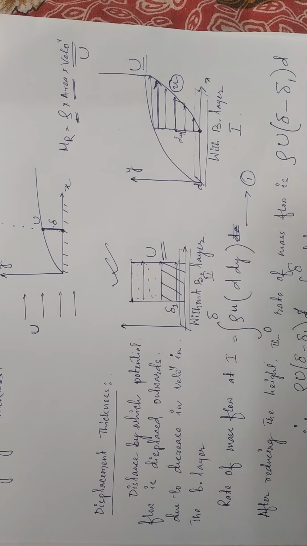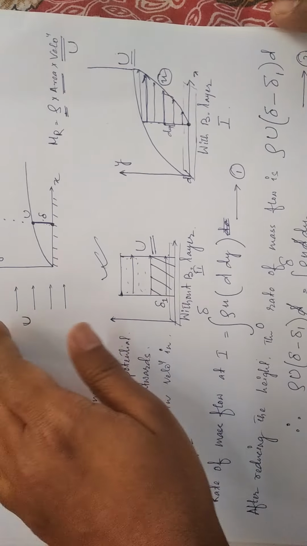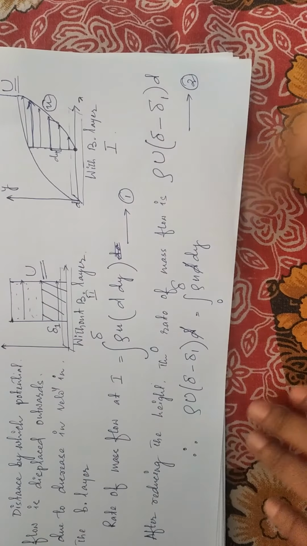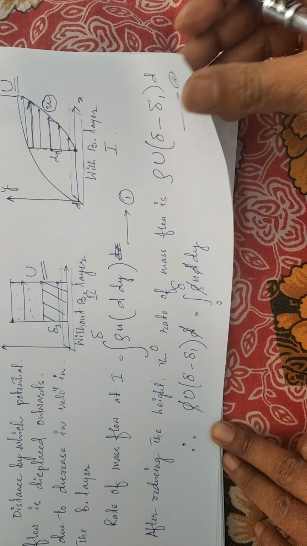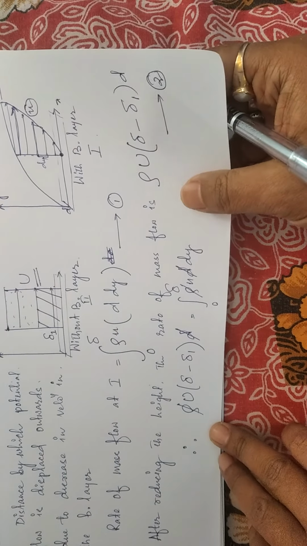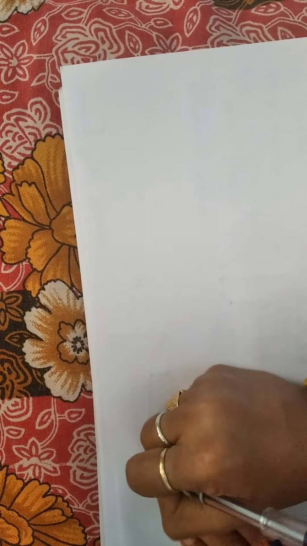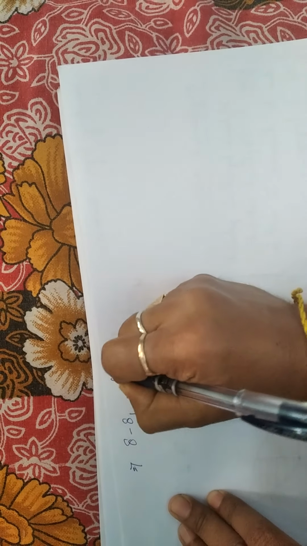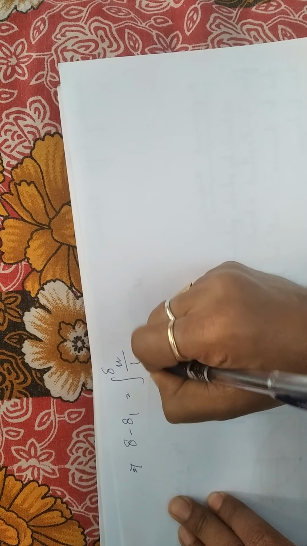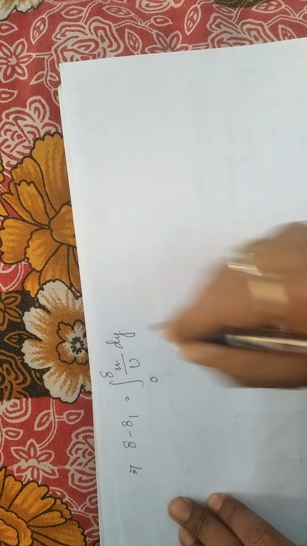Now this d is the same because this is independent with respect to y. Rho is cancelled because the fluid is incompressible, so rho is constant. So this implies delta minus delta 1 will be the integral from 0 to delta of small u by capital U dy, as capital U is independent of y.